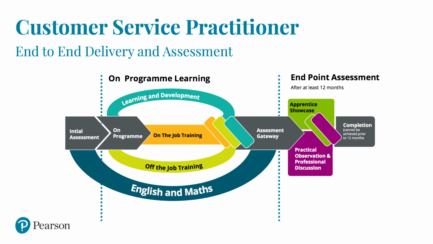The conversations we've been having with most employers is that the functional skills, or GCSE, in most cases functional skills, English and maths, will be front-ended within the programme to ensure that the apprentice has achieved that requirement prior to progressing to the next phase, which is the assessment gateway.